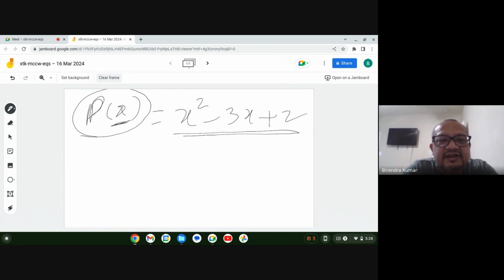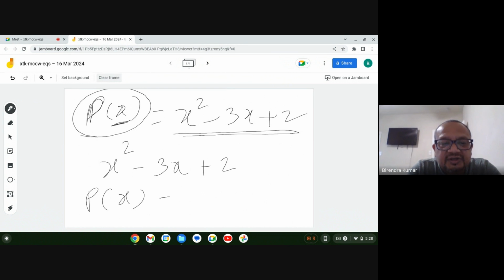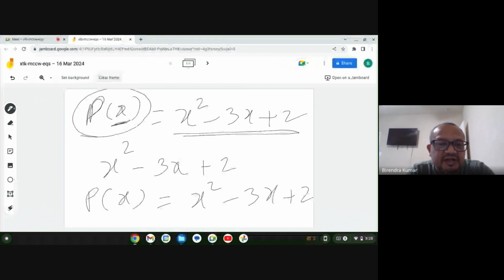So tomorrow, if somebody says write a polynomial expression with x squared minus 3x plus 2, you can either write it as an expression, or say a polynomial expression with variable x as x squared minus 3x plus 2. It's up to you how you want to represent or write that expression.